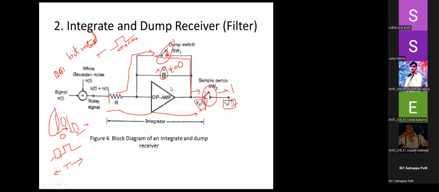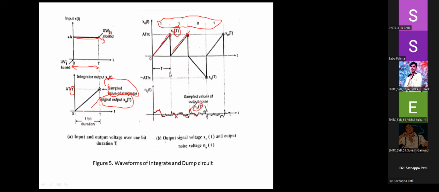Dump circuit or the dump switch here is used to pass the message bits in an on and off mode, which is basically used for charging and discharging the capacitor. So this dump circuit or the integrator circuit is generally known as the correlator circuit. A correlator basically consists of a multiplier and then an integration circuit. So we are studying a part of it.